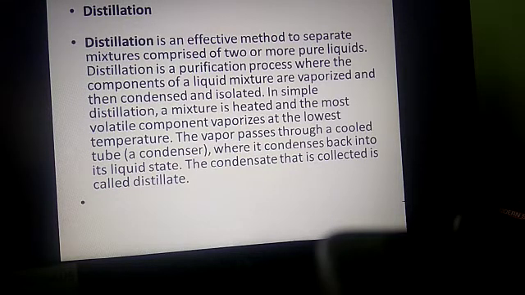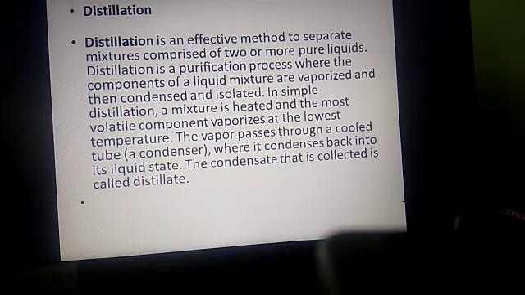In this process, impure water is taken into a flask and heated. The water molecules at the bottom of the flask change into steam, form bubbles and escape the liquid. The steam is made to pass through a cold glass tube that is called a condenser.